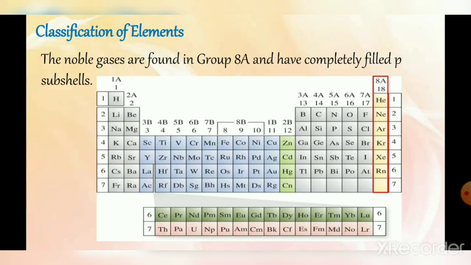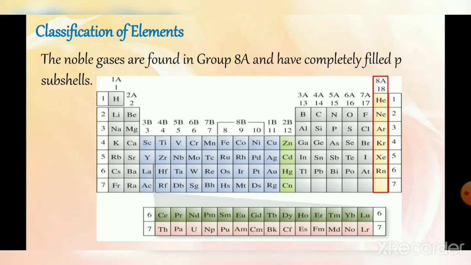Now students, we will move towards the next part, that is classification of elements. The noble gases are found in group 8A and have completely filled p subshells. Now look here, the highlighted part of this periodic table is 8A. You will get different elements such as helium, neon, argon, krypton, xenon and radon.